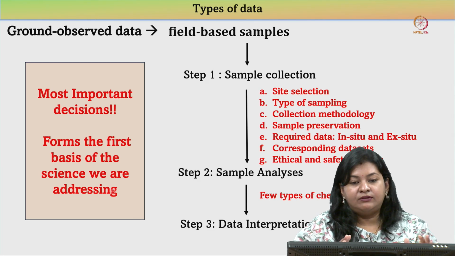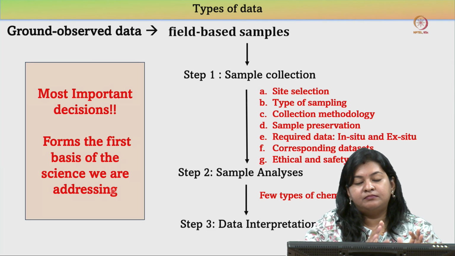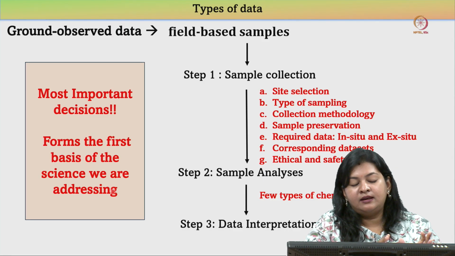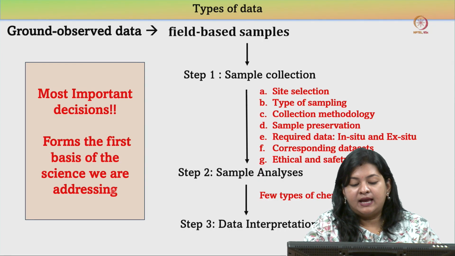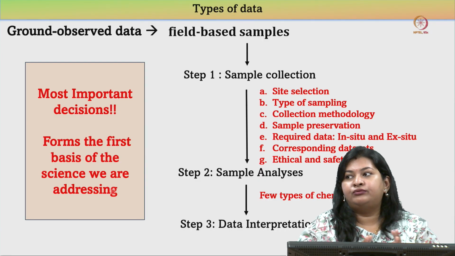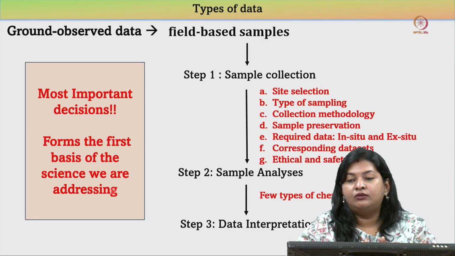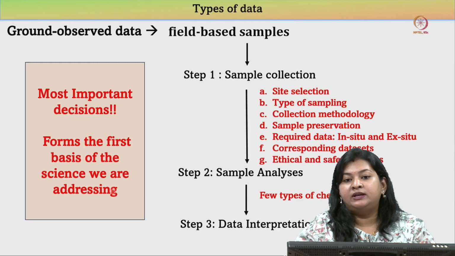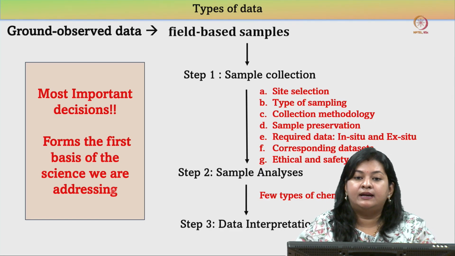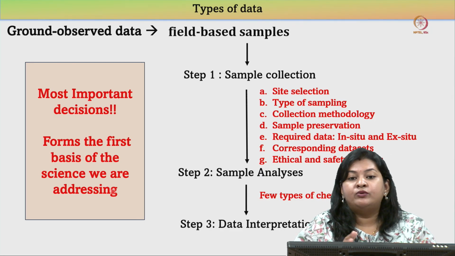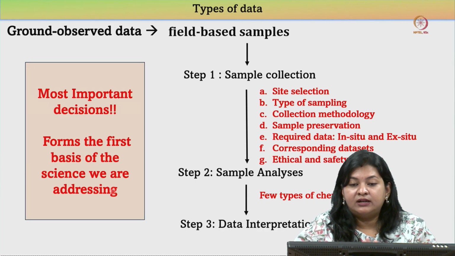So, it forms the first step in trying to address the research problem that you have decided, and a lot of our focus and attention has to be given to sample collection, sample analysis, and how the data is going to be interpreted. A lot of energy actually goes into this.